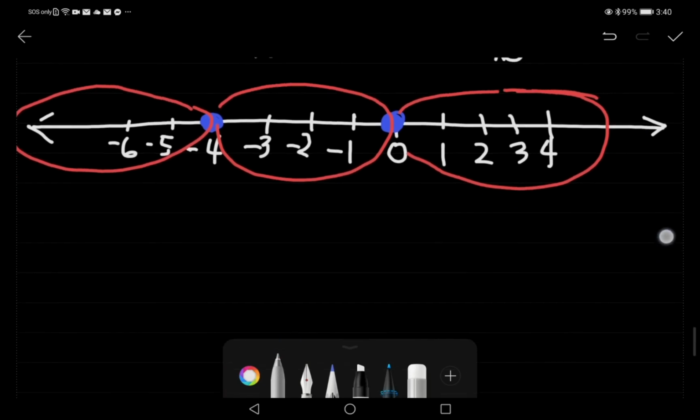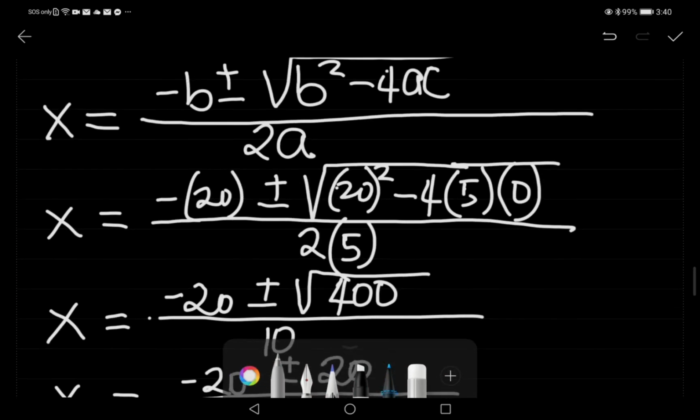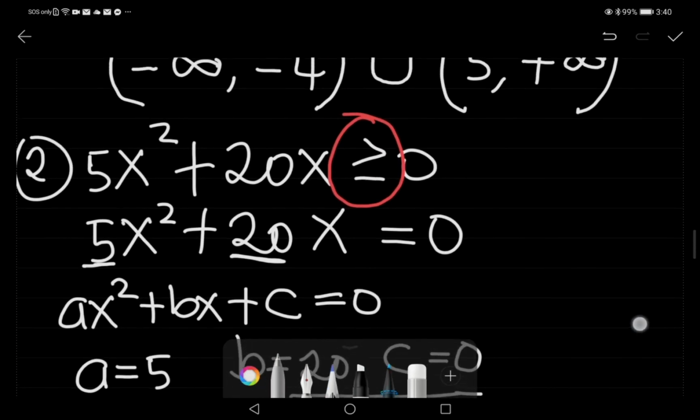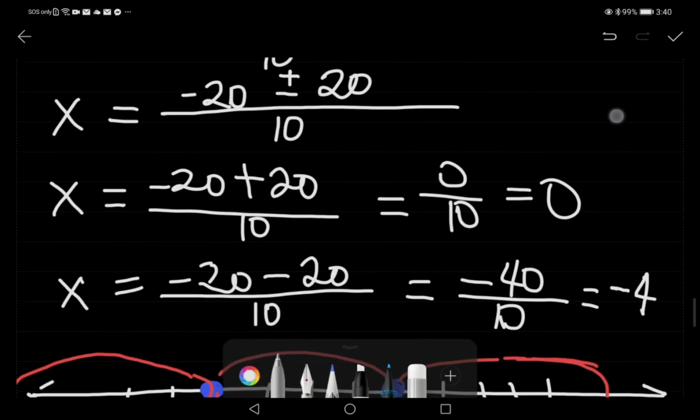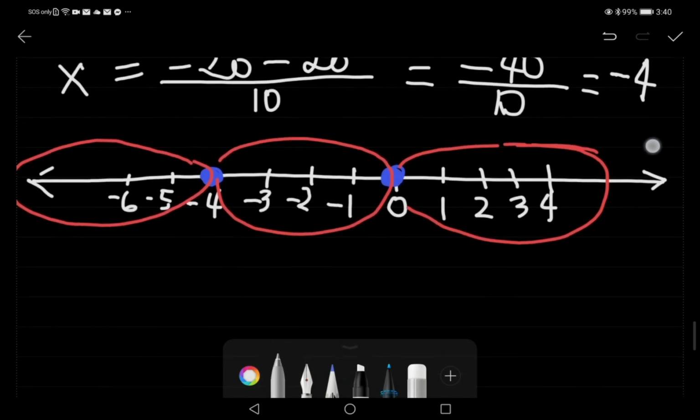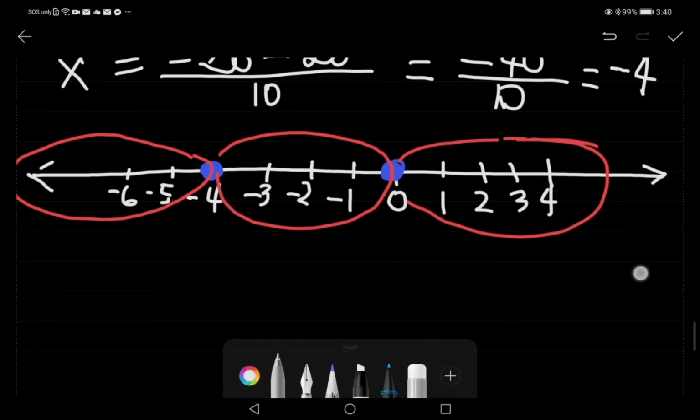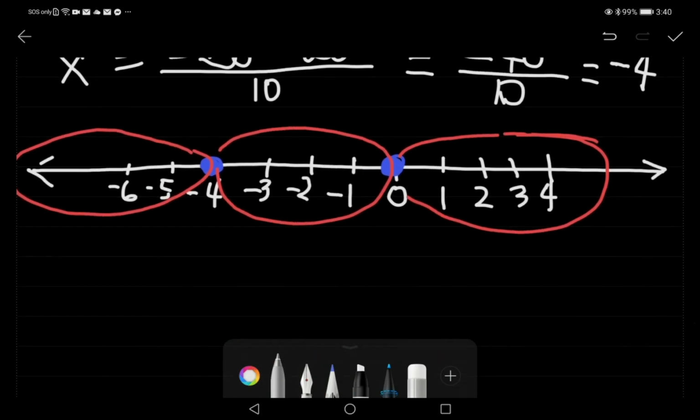So the given inequality is 5x squared plus 20x is greater than or equal to 0. So mapili ta diri og number sa first region. Pili ta og pwedeng negative 5, negative 6, or negative 7. So, itong pilion ang negative 5.